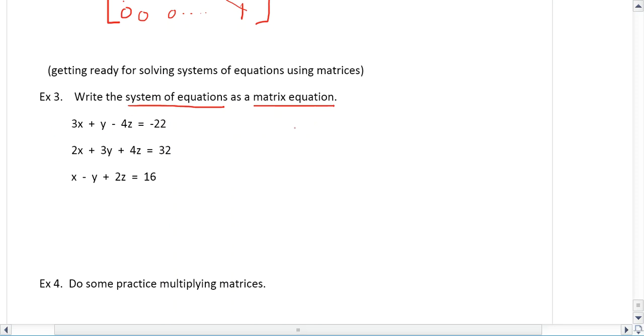So I want to give these matrices categories. The first matrix I call the coefficient matrix. This is where we're going to pull the numbers off of the x term, the y term, and the z term. Then we're going to have a variable matrix that's going to have our x, y, and z in it.